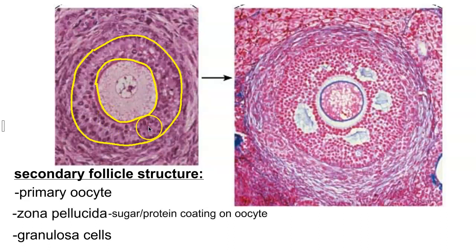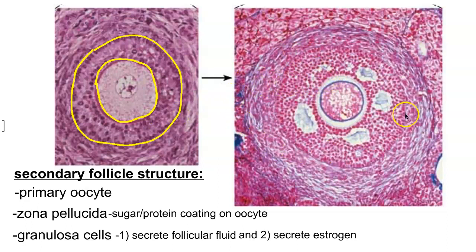And then the granulosa cells that are growing in number also have a few jobs. One thing that they do is they produce and secrete follicular fluid, which starts to accumulate within the follicle. Granulosa cells also produce estrogen, and so as the follicle is growing bigger in the ovary, estrogen levels are going up. Taking a look at this follicle, this is still a secondary follicle.